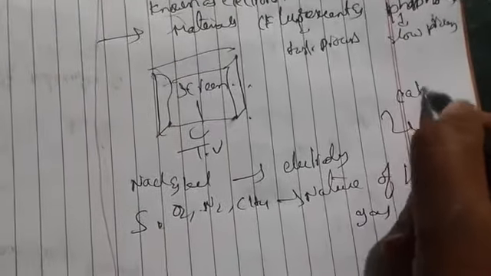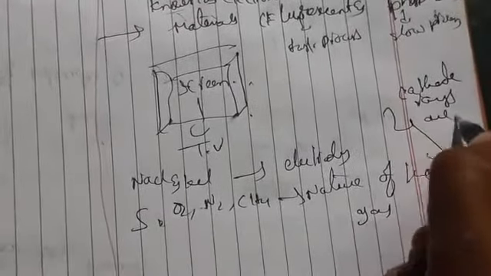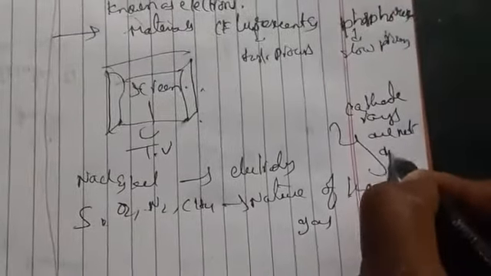So the cathode rays do not depend upon the electrodes and also the nature of the gas. So these are the properties of the cathode rays.